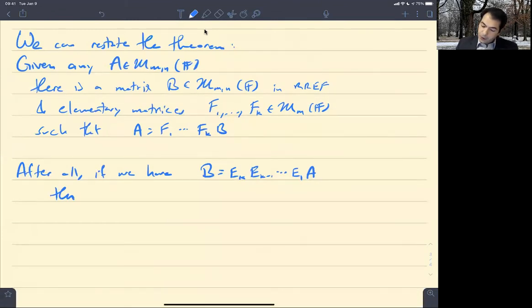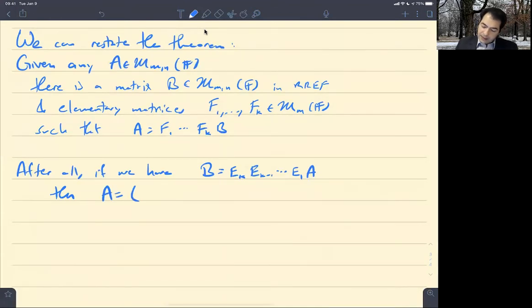then, okay, now we know that each of these matrices is invertible, and we know that the product of invertible matrices is invertible. So that means that all of this together is an invertible matrix. So I can write A as this whole matrix inverse times B, right? The inverse on the left. But we know that the inverse of a product is the product of the inverses in the opposite order.